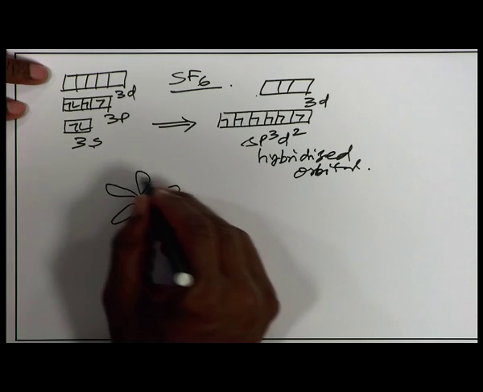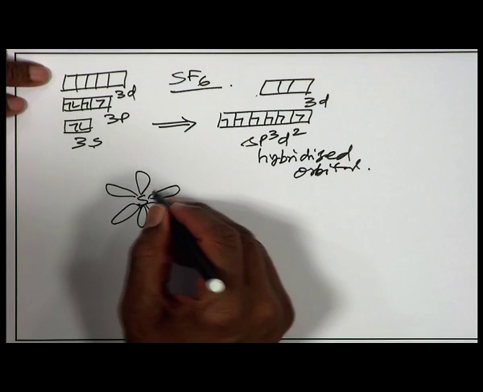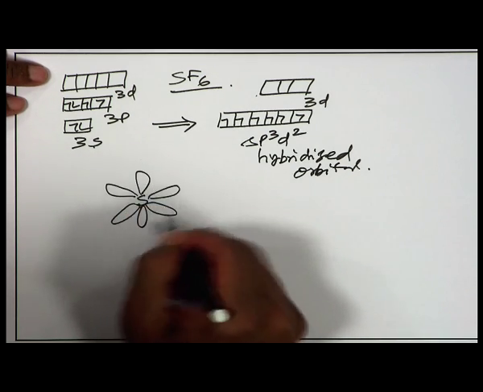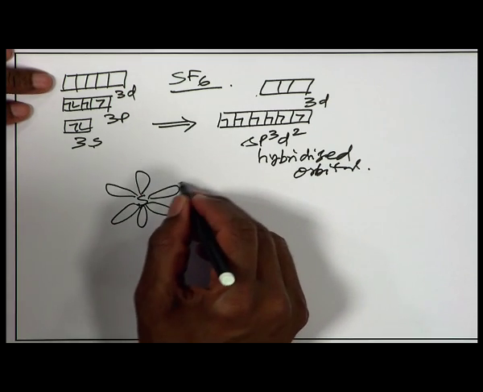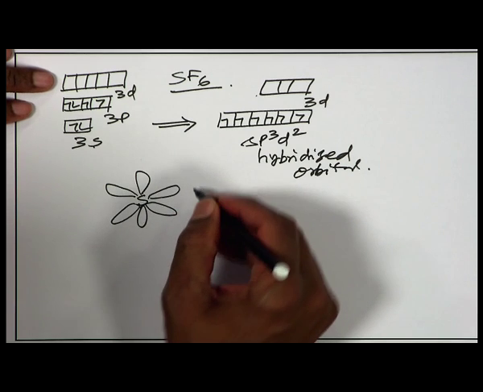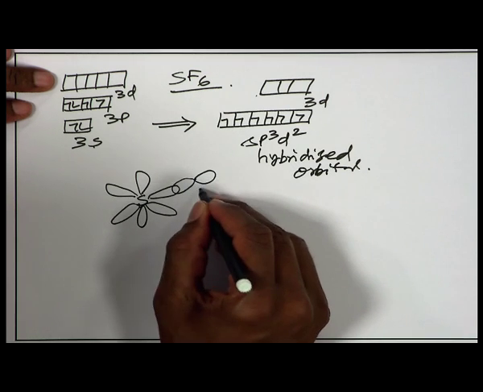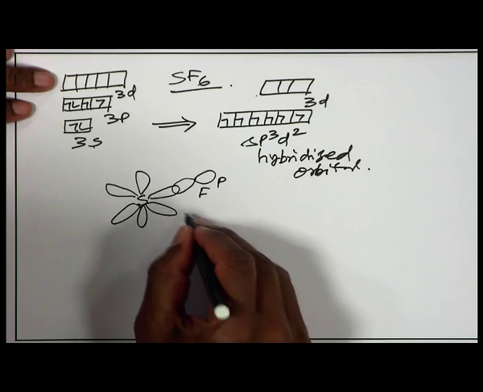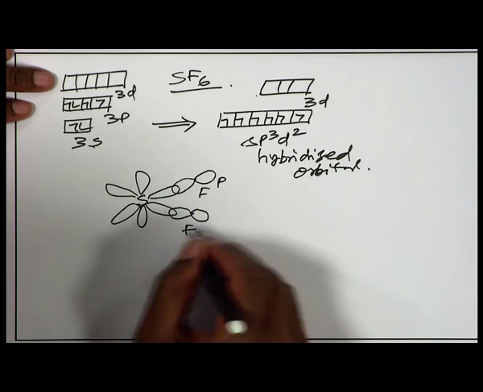These are the lobes of the sp3d2 hybridized orbitals, which are projected towards the corners of the octahedral geometry. So, each orbital could overlap with the p orbital of a fluorine. This is the fluorine p orbital, which is singly filled.